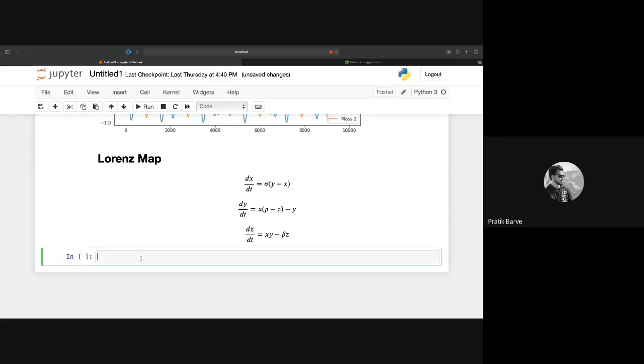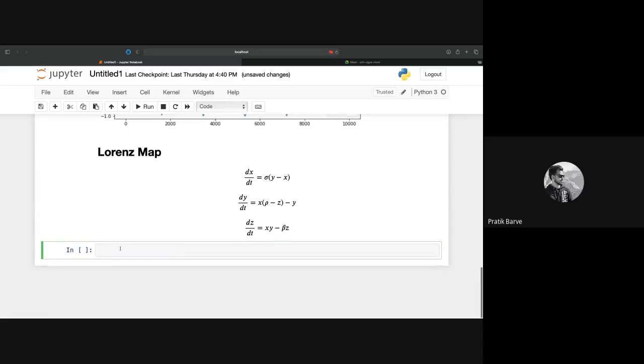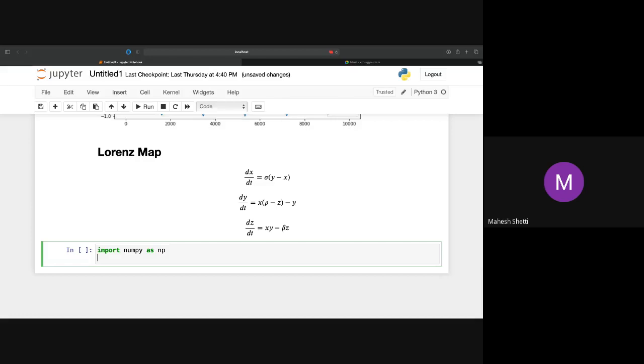As Sir told, he was studying atmospheric temperature variations and pressure and everything. So now we'll see how to visualize these patterns. So let's start by importing. Again, we are using Euler's method here to solve this.